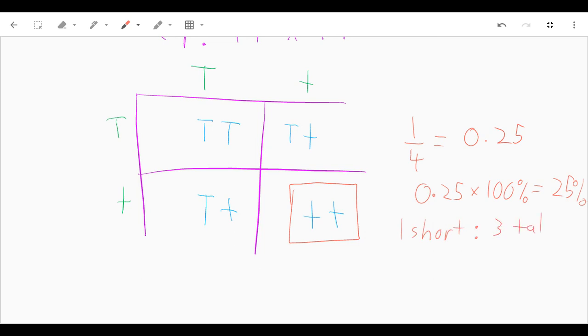And remember, when you do the ratio, you're not doing it out of the total. You're doing it of how many variations there exist. So we have to have our ratio add up to the denominator in our fraction, which is 4, and 1 plus 3 is equal to 4.